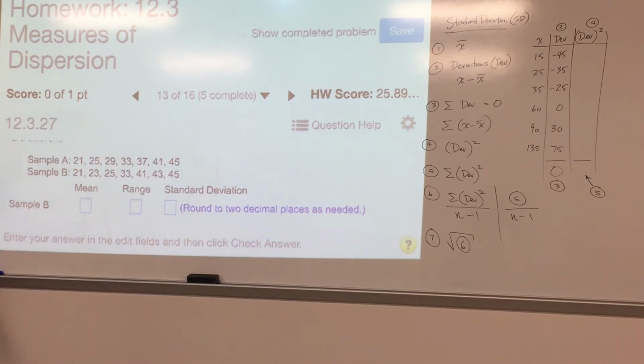All right, here we go. So, sample B, we just calculated sample A, that's all done. We're on to our last problem here, which is sample B. Let's go calculate the mean for that to get started. So the mean for sample B, somebody got a value for that. It's going to be different because your data points are a little bit different here. You got a value for that.